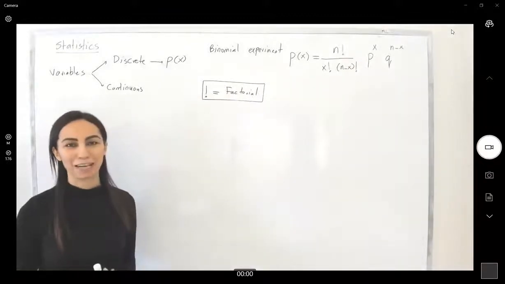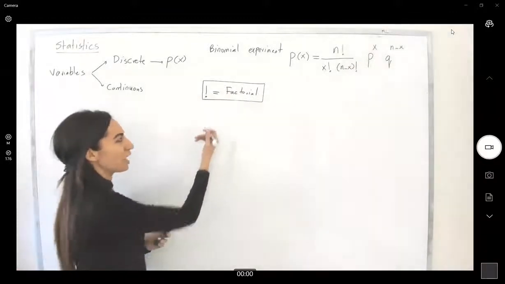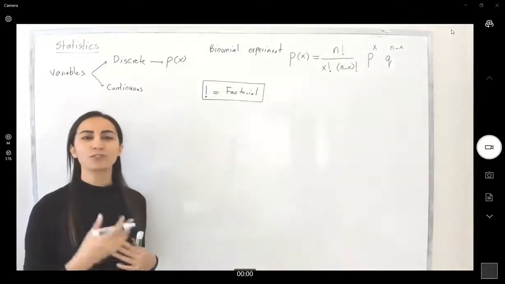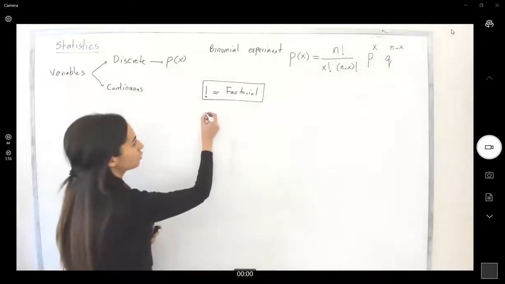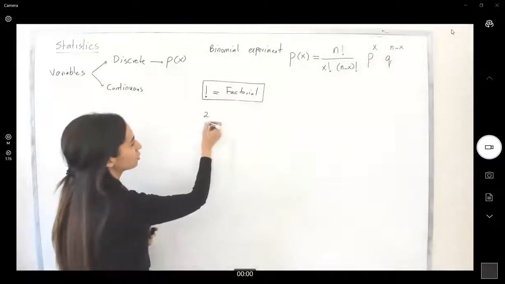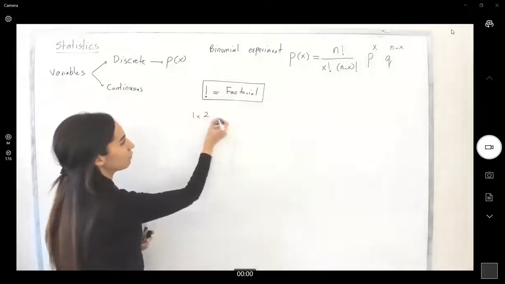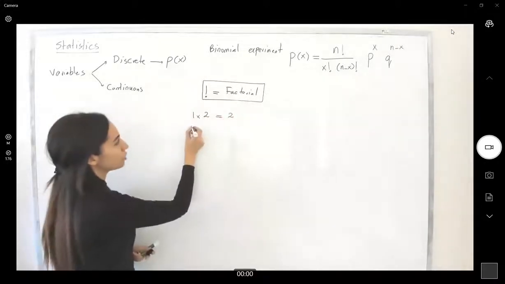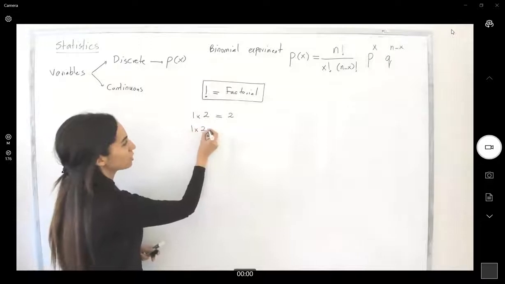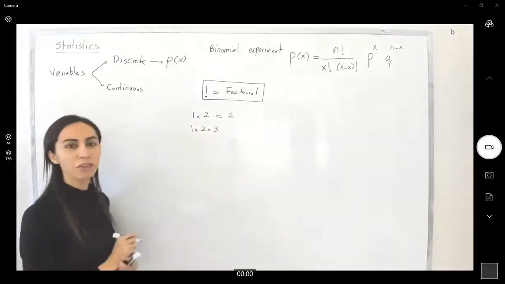What's the meaning of that? Suppose you have numbers and you're trying to multiply those numbers. For example, you're multiplying 2 and 1. Of course, you know the result is equal to 2. Then you're interested in multiplying 1, 2, and 3.